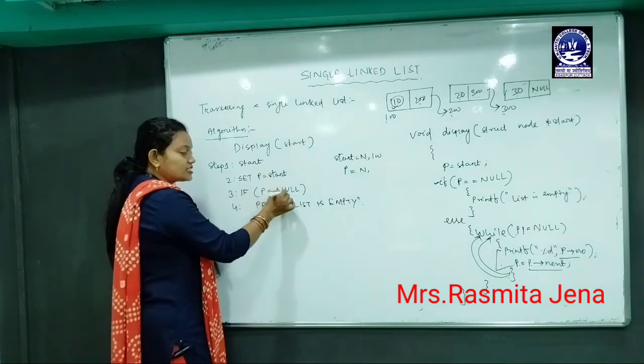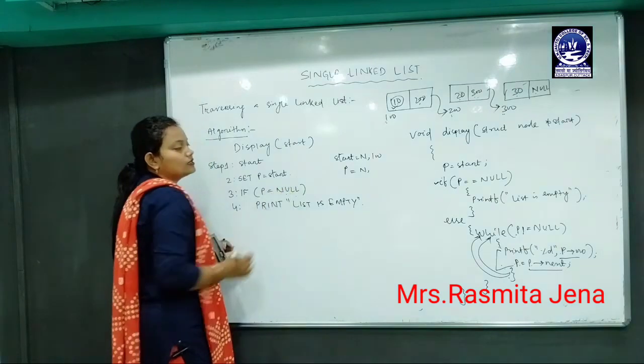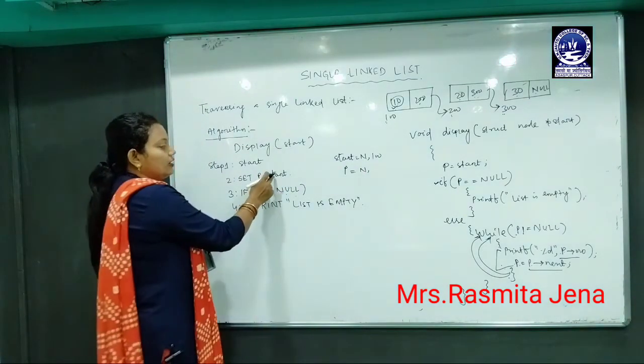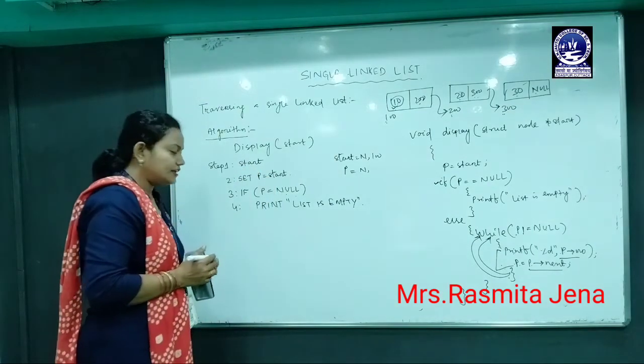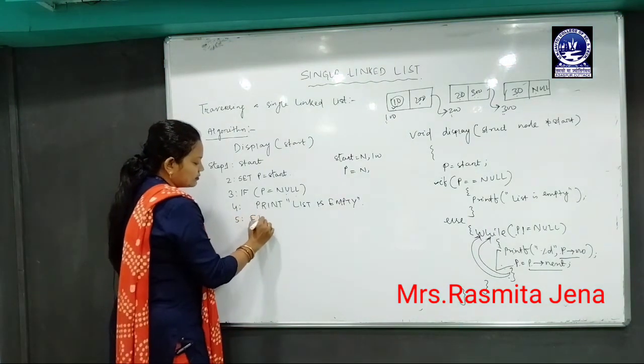That means if it is not true, if P is not equal to null, then P contains a node address, that is the starting node address of the list. So then I will go for the else part.